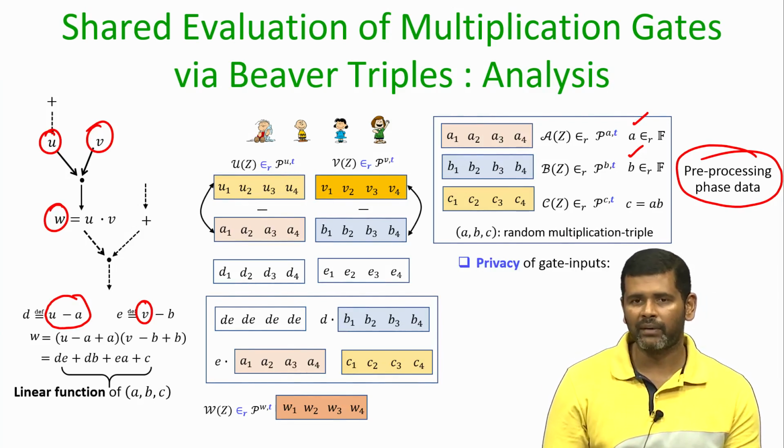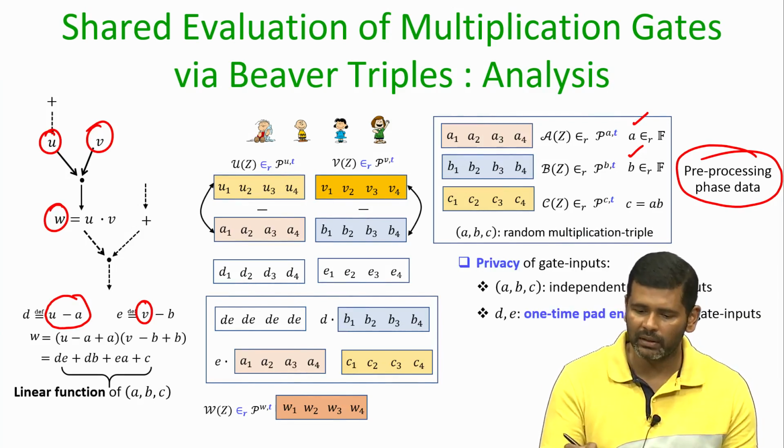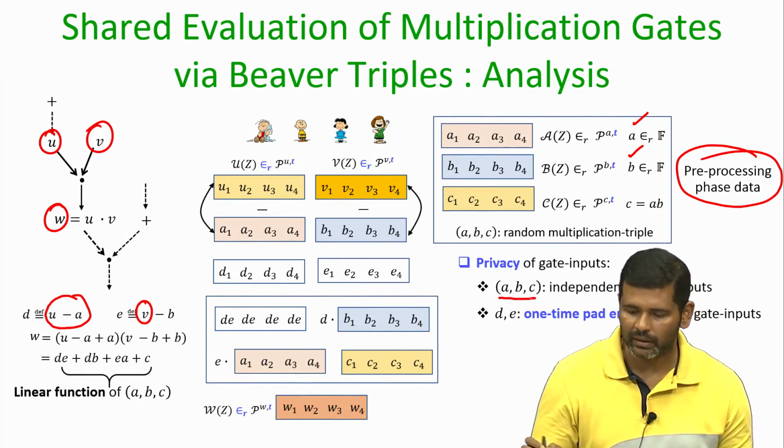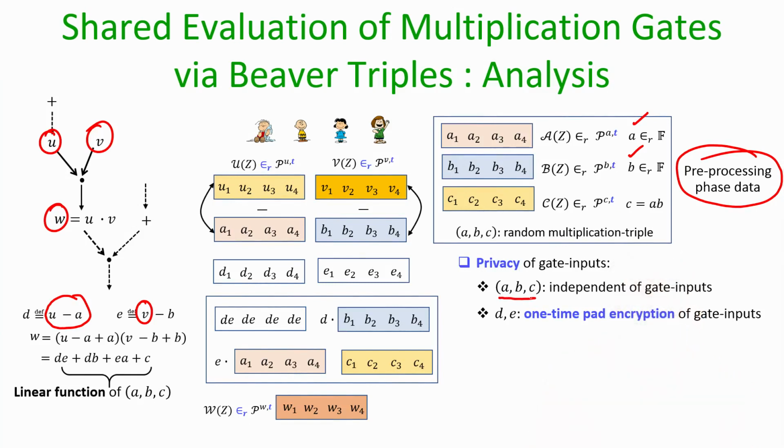As I said, the privacy of the gate inputs is preserved, because a, b, c are picked independent of the gate inputs. Remember, when I discussed the requirement of the pre-processing phase, I said that the pre-processing data have no dependency on the values of u, v, w and so on. So, a, b, c had no dependency whatsoever on u, v and w. And D and E are here acting as one time pad encryption of the gate inputs.